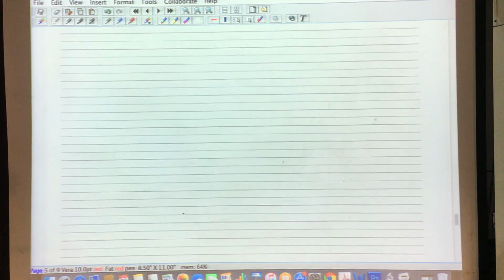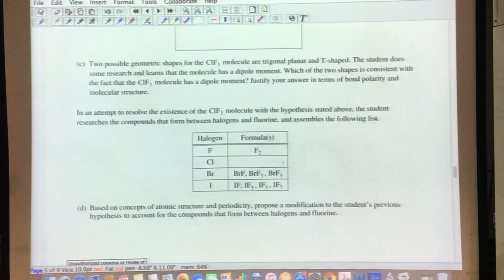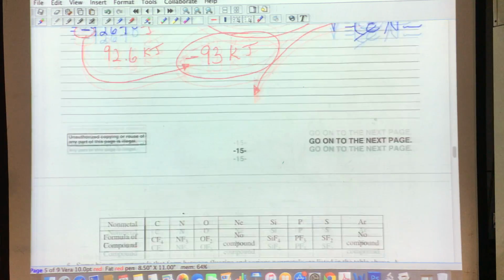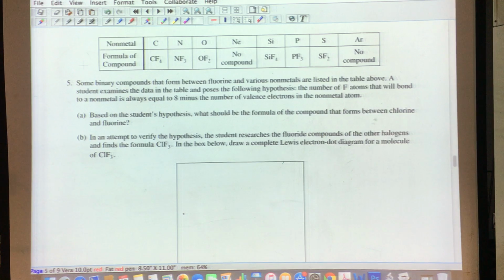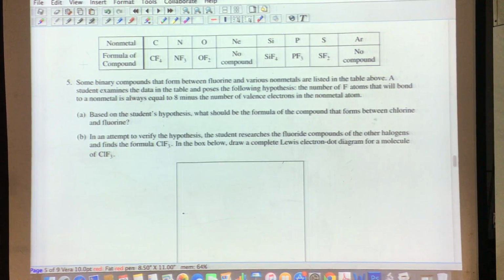I could read it and still do it if you'd like, but I'm at the end of my string, so you guys probably are too. Any particular one you want me to do besides 4? I would like to see. Yeah, I have no idea how to do 4. You want to see 4? Okay. I'll show you 4.